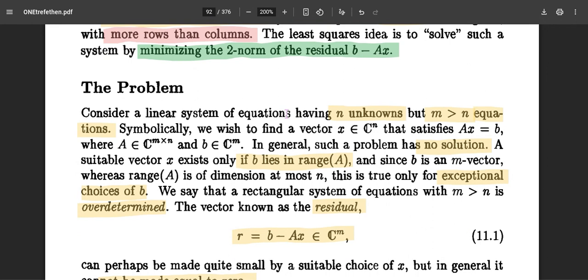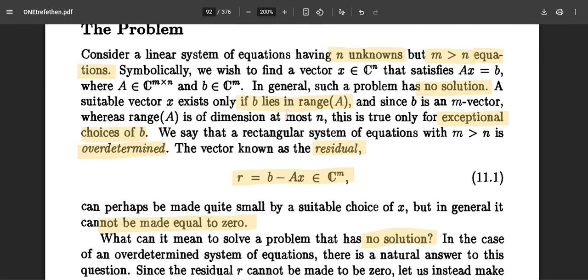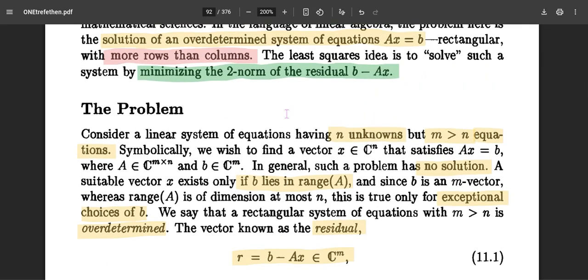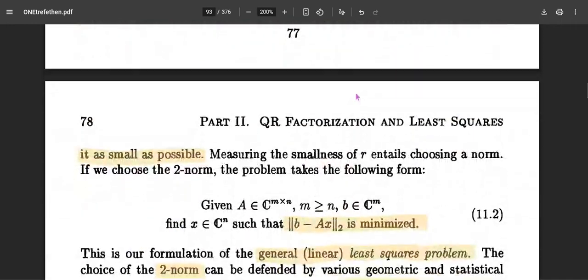So we have a non-zero residual vector Ax minus b, or b minus Ax, and that has to be minimized in order to get the best solution. We don't have an exact solution, but the best solution is to find a coefficient vector x, the coefficient of b in the column space of A, in such a way that the residual norm of that vector r is minimized.